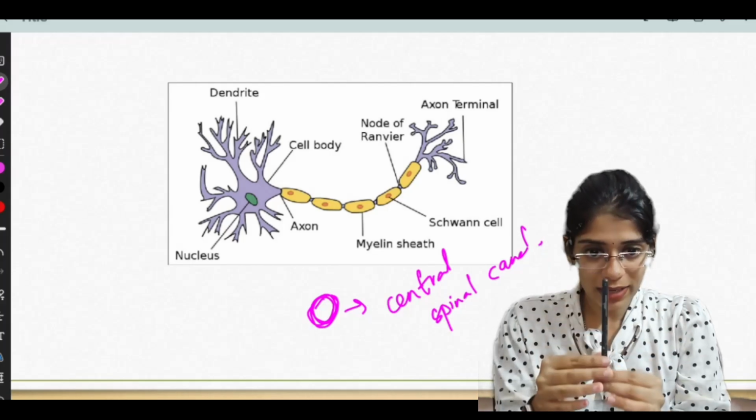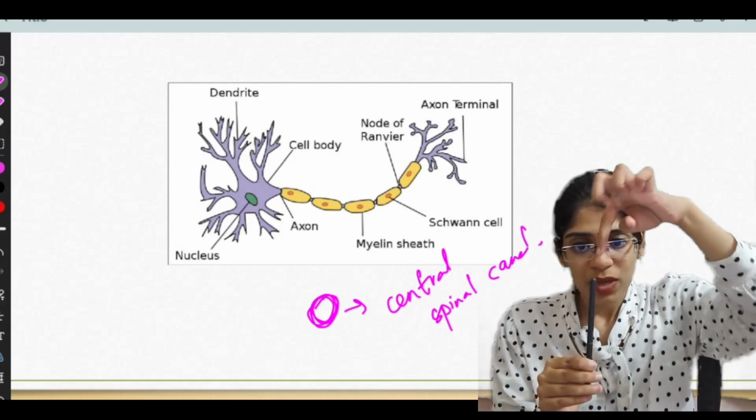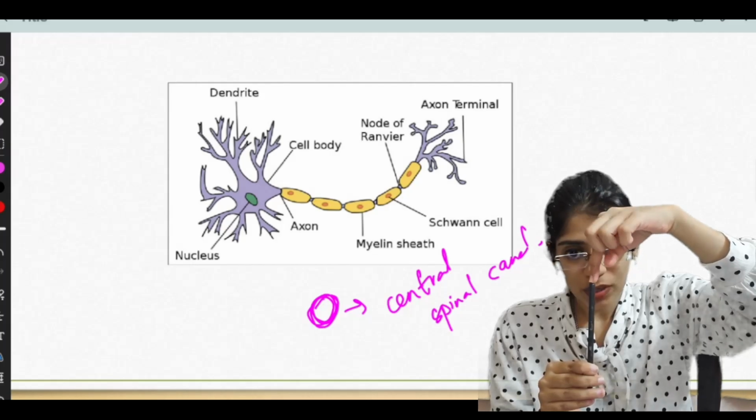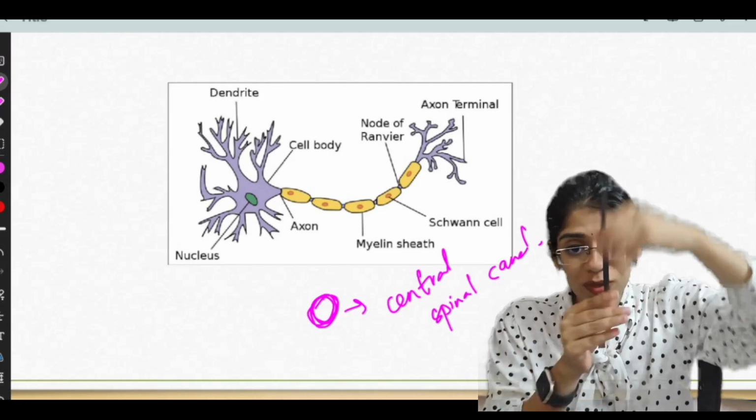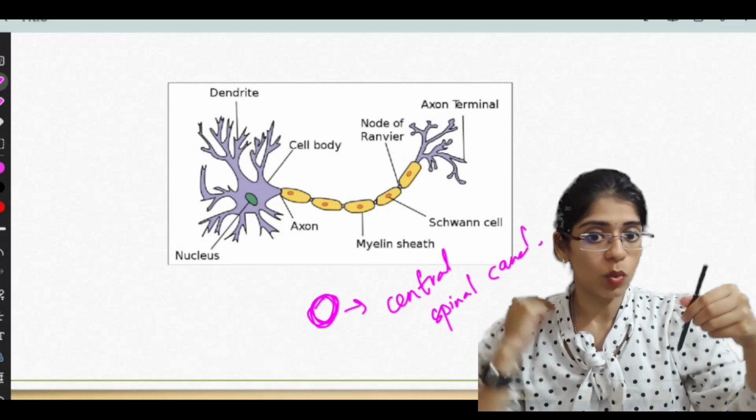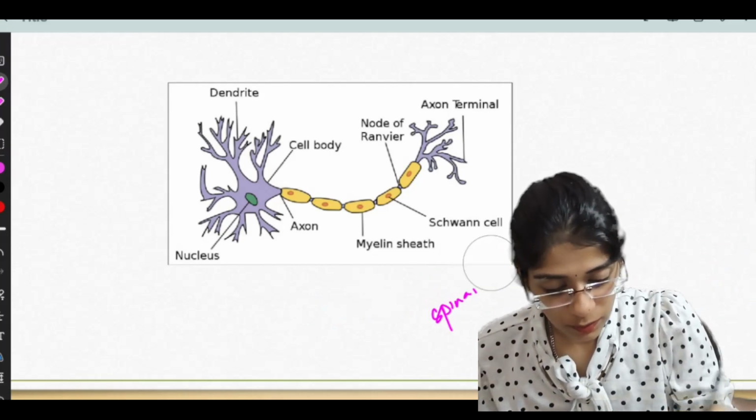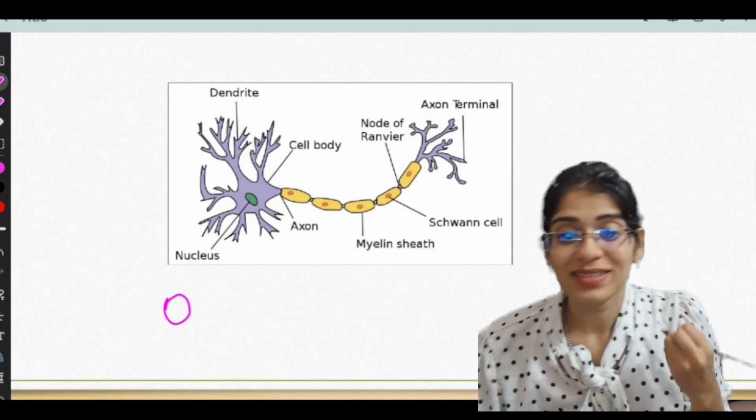If this is a spinal cord, the innermost area is a canal through which the cerebrospinal fluid runs. That's what I have drawn here, the central canal.